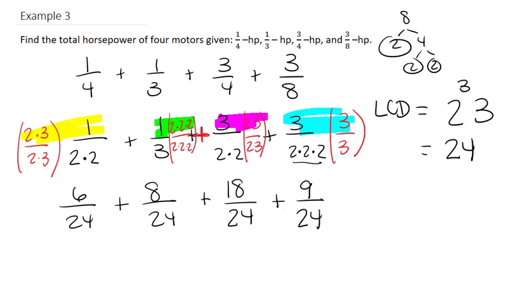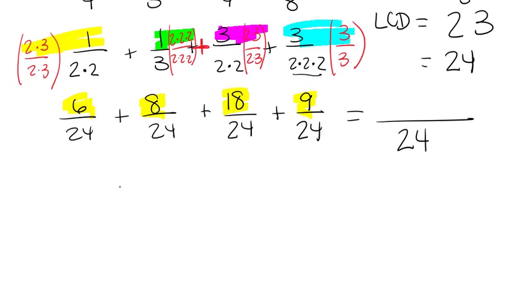And so in our last step, we're going to go ahead and add all these top numbers together. So we keep our common denominator. Now let's go ahead and add. So we're going to go ahead and just place them like this and add them like this.